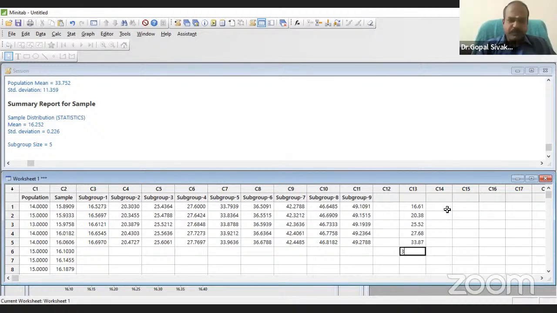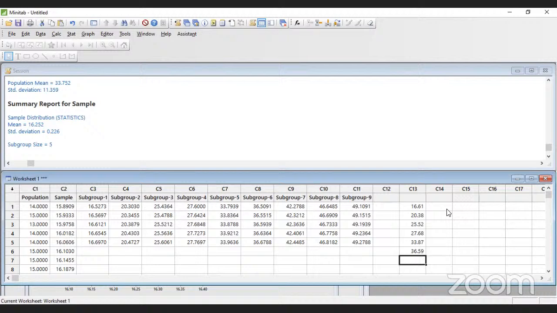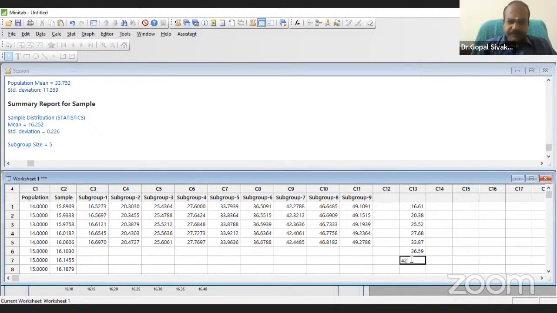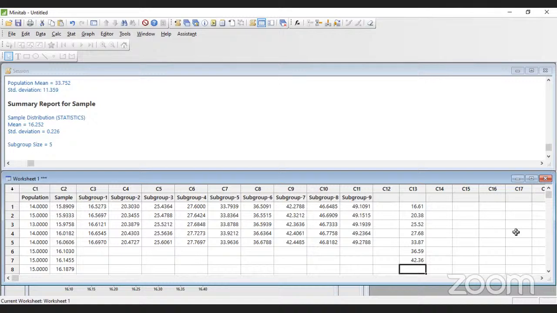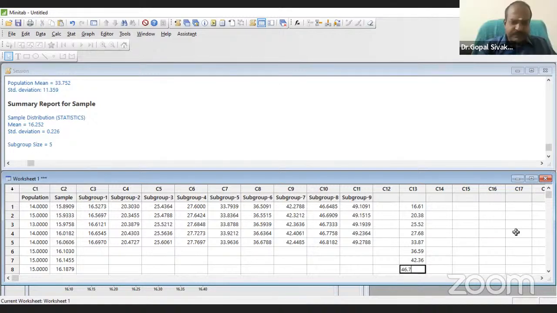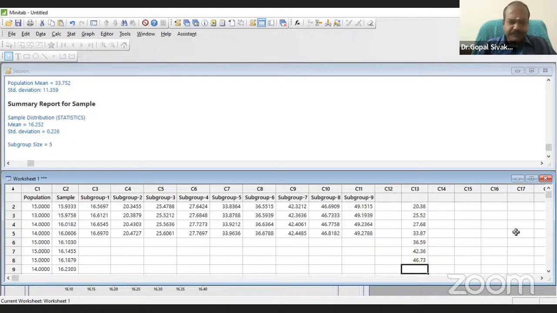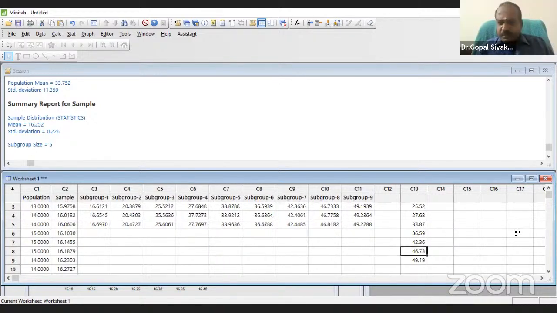Sixth subgroup, 36.59. Then the next one, 42.36. Then the next one, 46.73. Then the next one, 49.19.